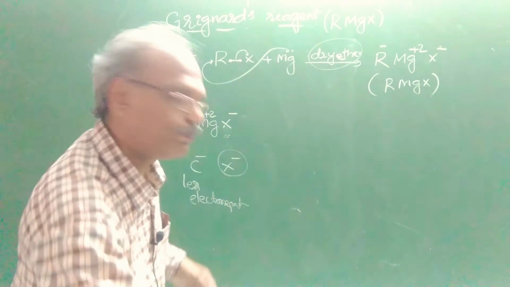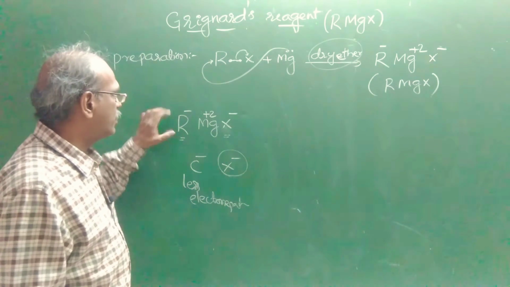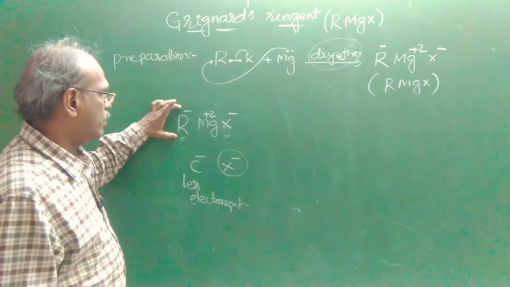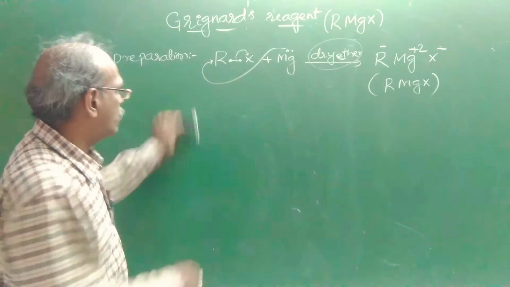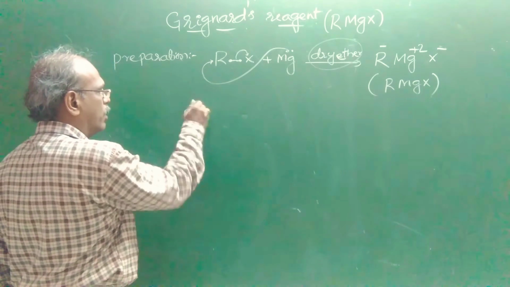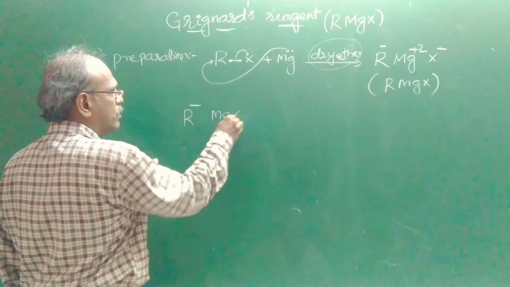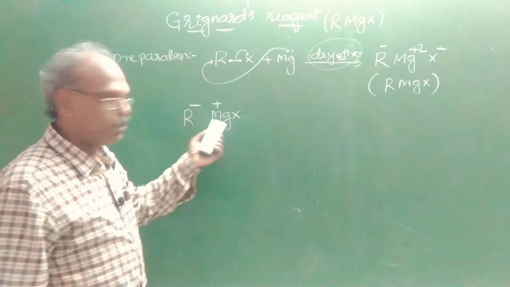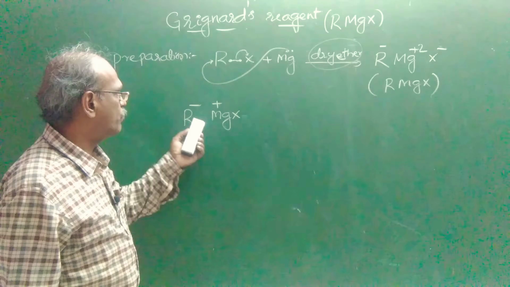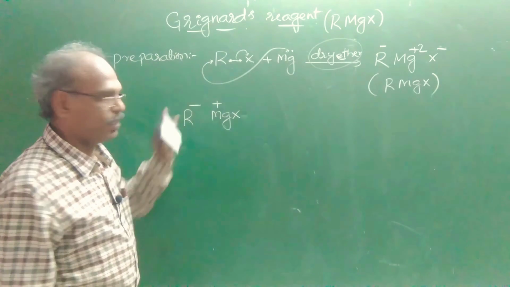That's why here we concentrate on the alkyl part. Alkyl R minus is the good nucleophile here. Hereafter I would like to write it this way, R minus MgX plus.